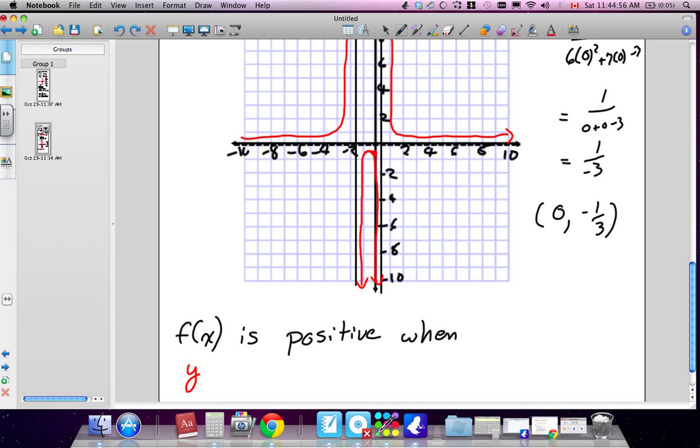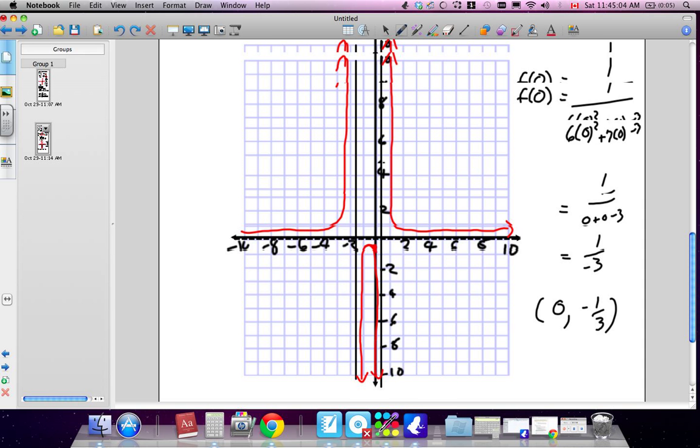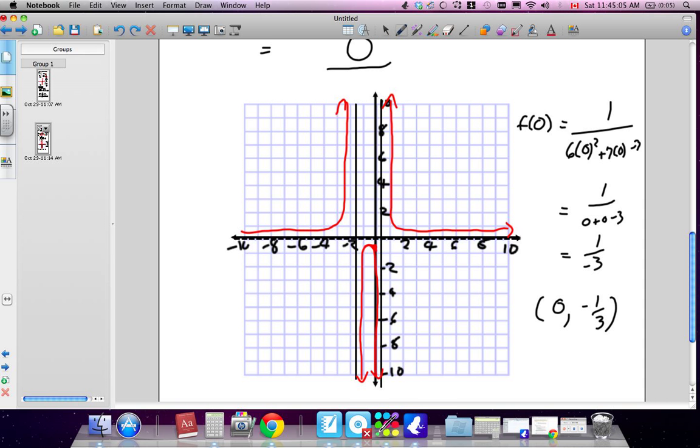So when x is in, and then we put our bracket. When is f at x positive? Well, this is one of our cutoffs, which is what number? Negative 3/2. So from -infinity to -3/2, is y positive? Yeah, y is positive. So that's going to be one of ours.